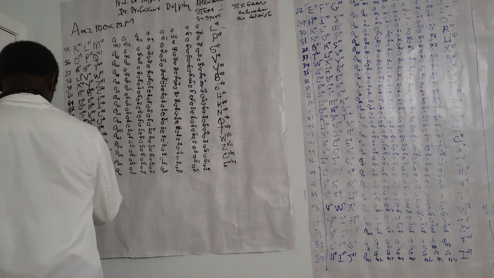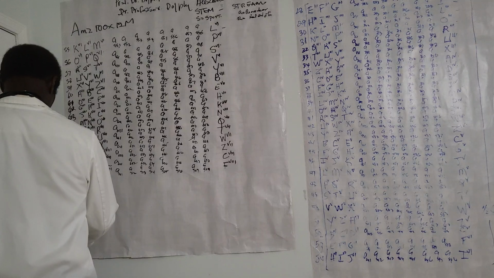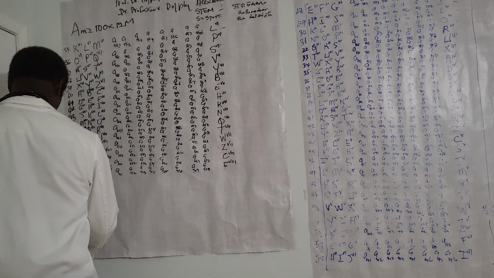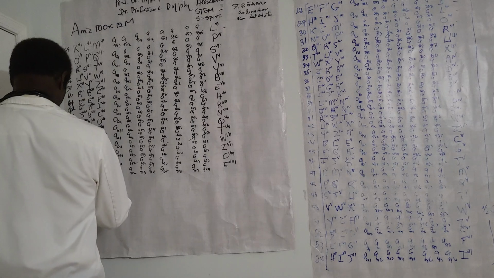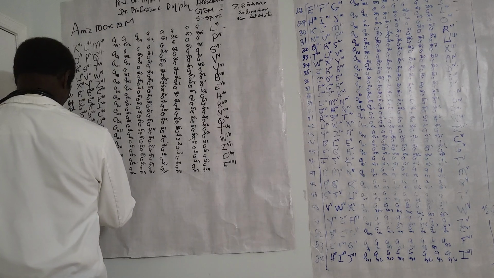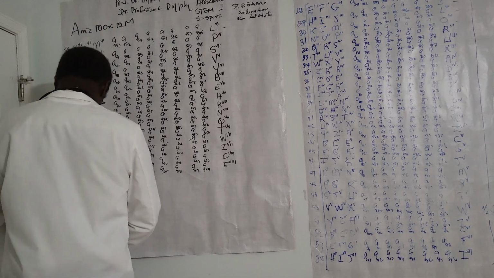So we have now 71, 72, 73, 74, 75, 76. We have now G, H, V3I, I, V3I, and J, V3I.